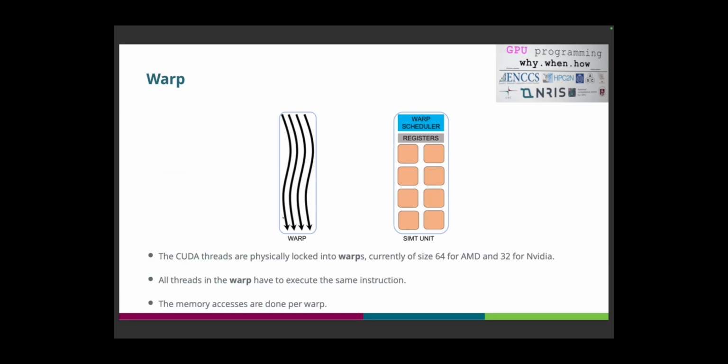And a very important detail, the memory accesses of the threads are actually done by the whole group. So, for example, if this thread to the left requires some data, then it's not just going to trigger a fetching of one element of the data, but it's going to trigger a block, which is 32 bytes, 64 bytes, or 128.